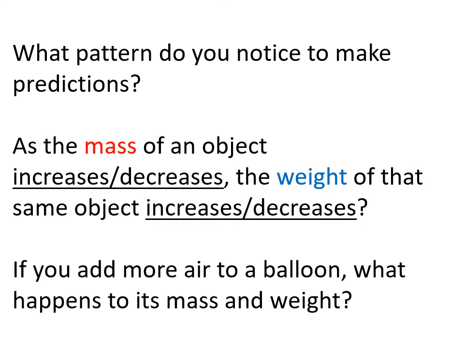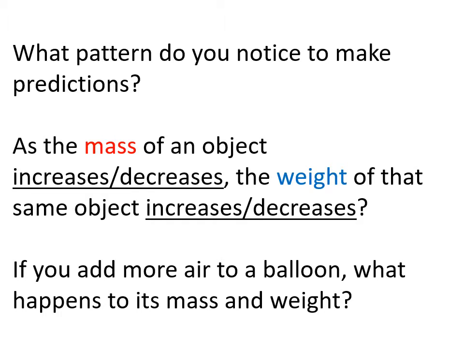So when we measured the mass and weight of different objects that contained liquids, solids, and or gases, what patterns did we notice? As the mass of an object increases, the weight of that same object increases or decreases. If you said increases, you are correct.